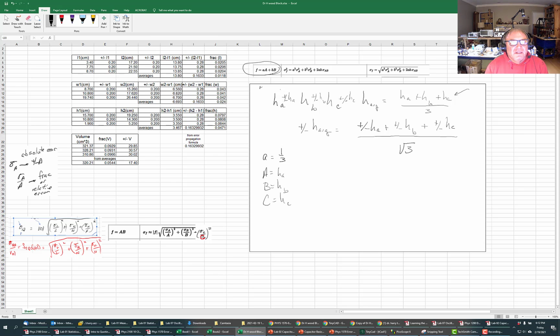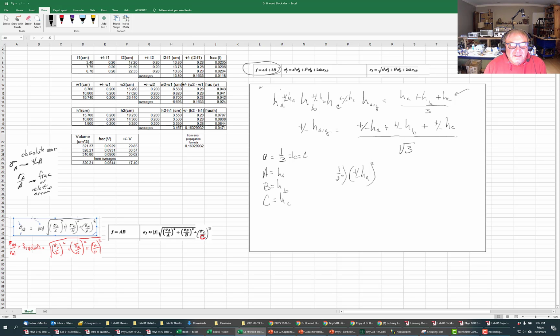And each time, so if you like, we make little b equal little c. Okay, so what then is the plus minus, which sigma is just another word for, what is the plus minus h average? So we just say it's 1/3 squared times plus minus h a squared.